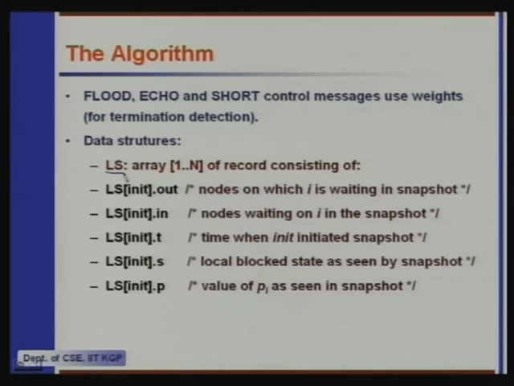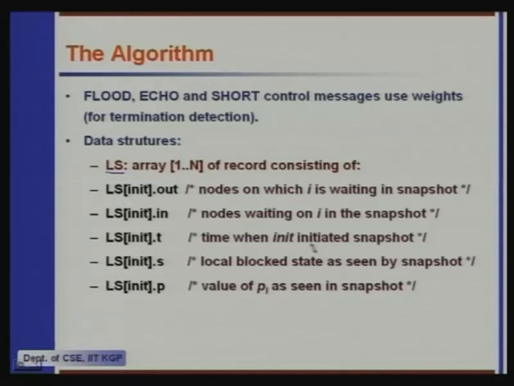These records will have the following fields. So, it will have an out field which has the nodes on which I is waiting in the snapshot. Okay. It will have an in field which has the nodes waiting on I in the snapshot.